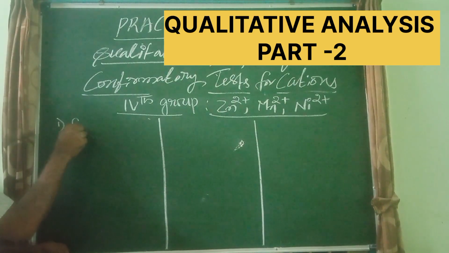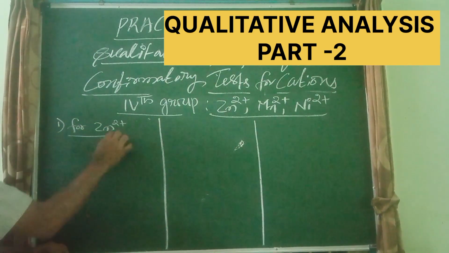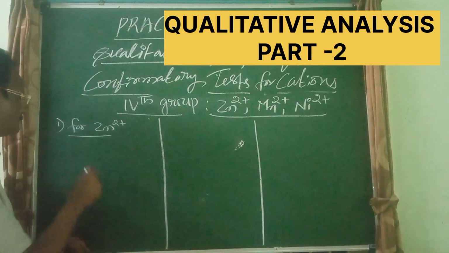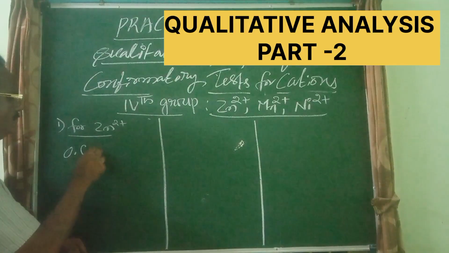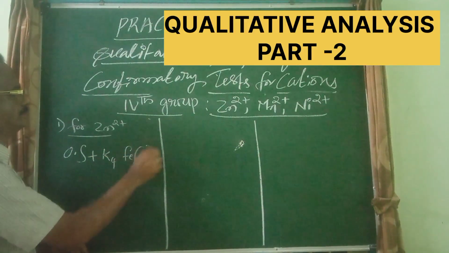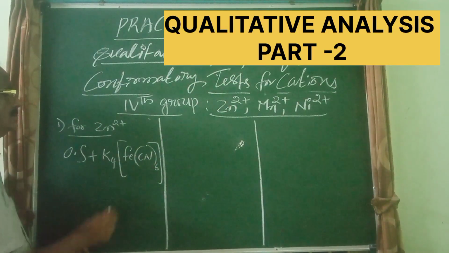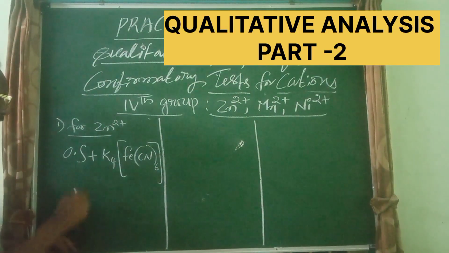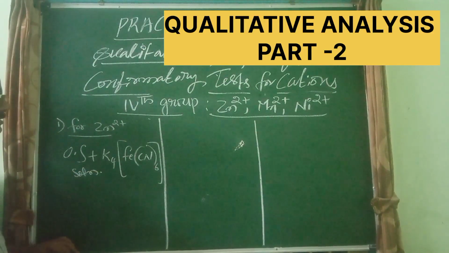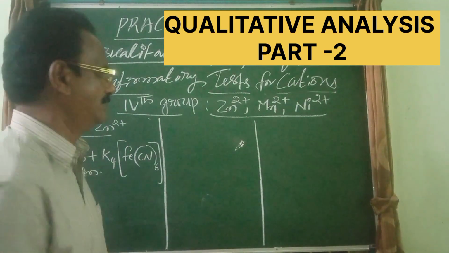For zinc, confirmation of zinc can be done by adding potassium ferrocyanide solution to original solution.